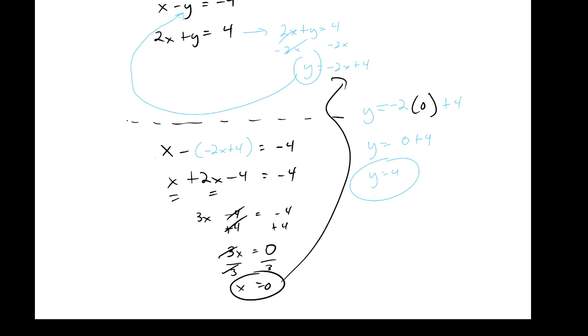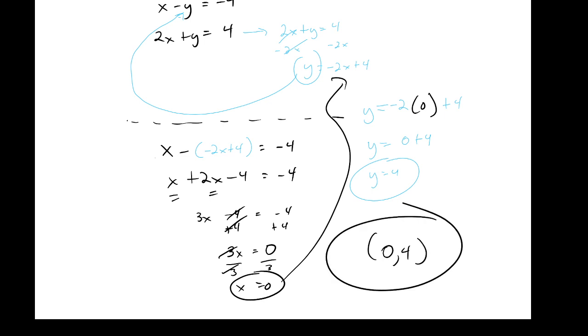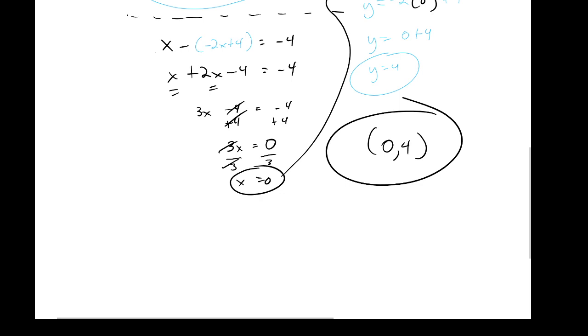Now I have an x and I have a y, and my answer is not correct unless I represent it in the form of a coordinate. Because remember what that first lesson was all about. We went through all that pain to make sure that for every single one of those problems, we're finding what coordinate it was, what point it was. We'll make sure that we list this as a coordinate, demonstrating clearly that this is a point.